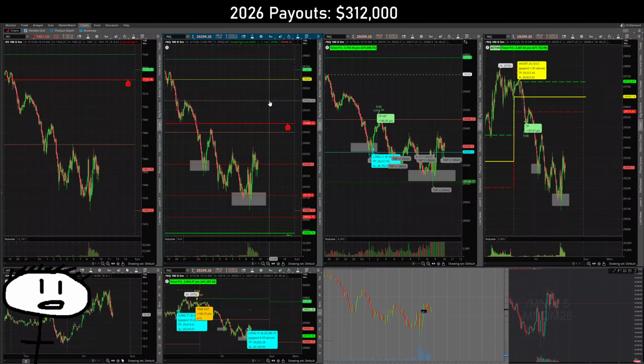I think we dip to the lows again. I'll probably be buying the 109 line and then one more entry if we hit 29,000 flat today.